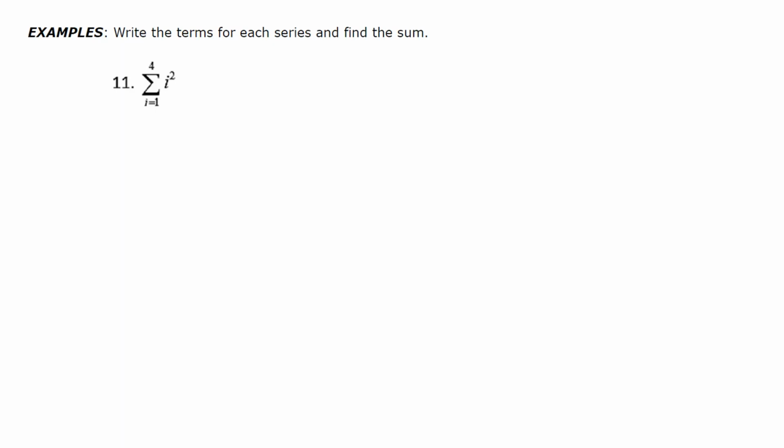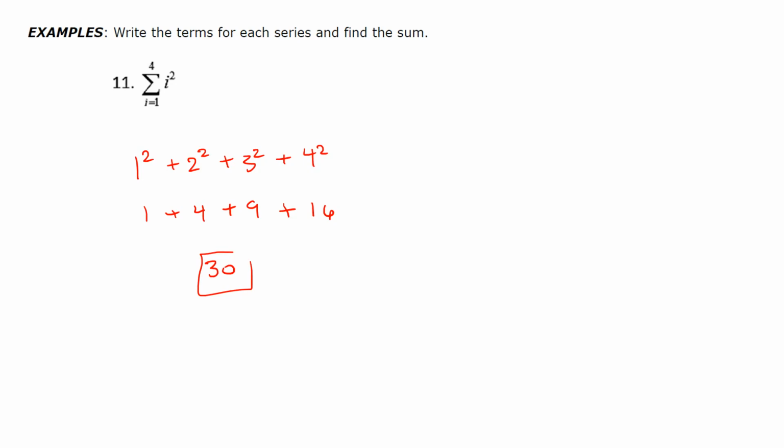We're starting with number 1 and we're going to go all the way up to 4. So we'll have 1 squared plus 2 squared plus 3 squared plus 4 squared. So that's 1 plus 4 plus 9 plus 16. And so that equals 30.